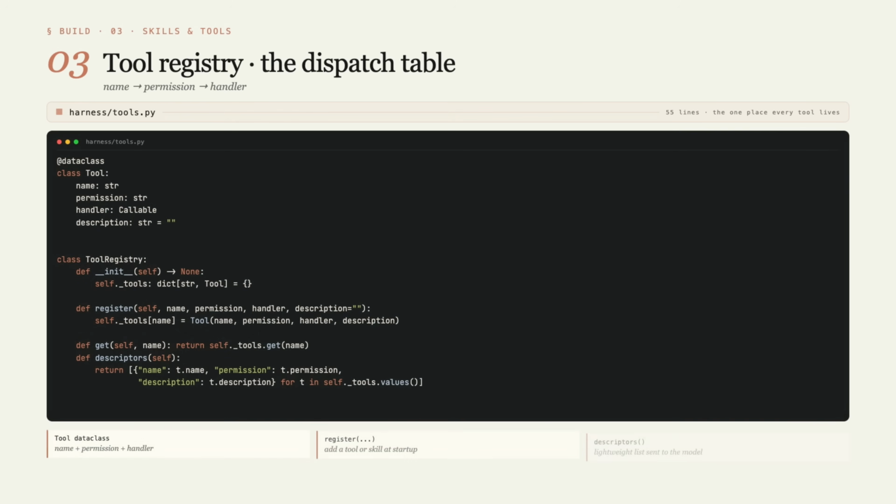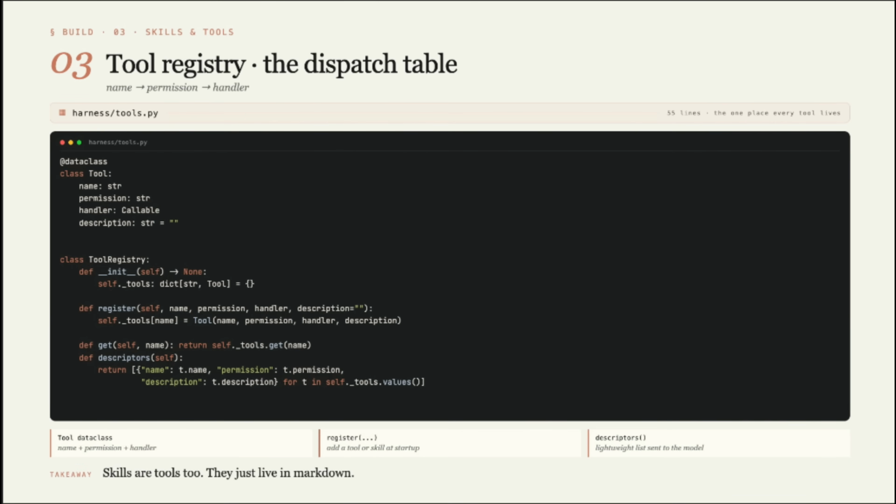Okay, this code implements a simple tool and skills registry. Every tool in the harness is described by a small data class: a name, what type of permissions they're going to have, a handler function, and a one line description. The registry is just a dictionary that maps the tool name to that record. Now, there are a few functions. Calling register adds a new tool.